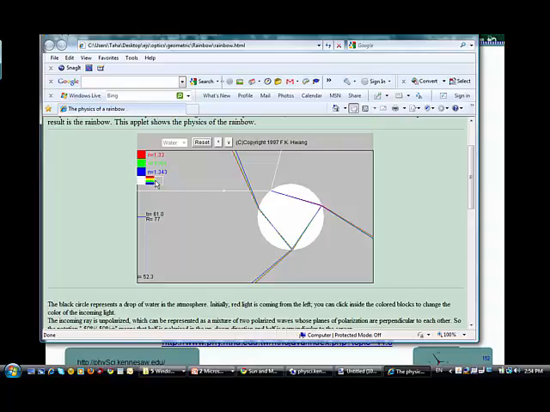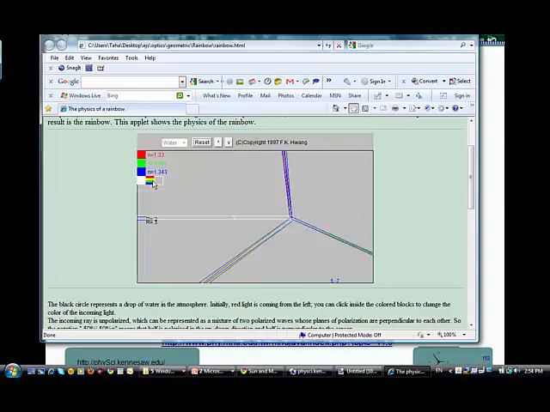Okay, now let's look at it in another way. You notice here we can observe this rainbow from here, and we can observe this other rainbow from here. So it depends on the angle you look at things.